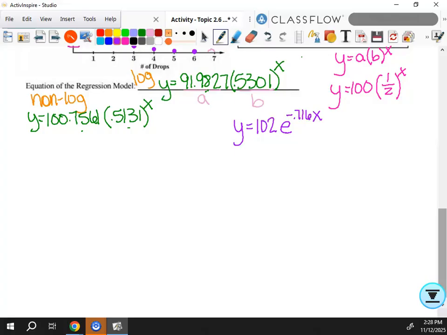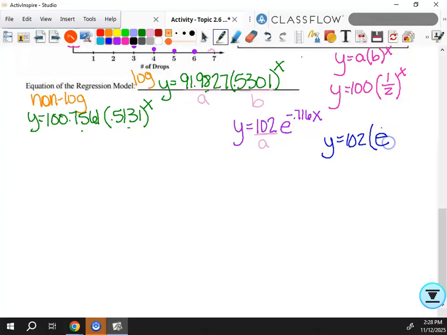This 102, this is your A, which is close to 100, a lot closer to 100 than what I had, and maybe closer than what at least some of us had, because some of y'all were really close on that. But then we have this E thing. So what we've been doing to get equivalent forms is undoing the power to a power property.